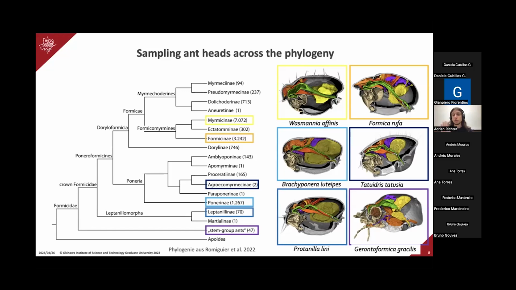And if any one of you or anyone you know is interested in working on morphological evolution and wants to learn how to do this kind of 3D workflow, I'm always happy to help and give some tips on how to do that kind of work. So yeah.